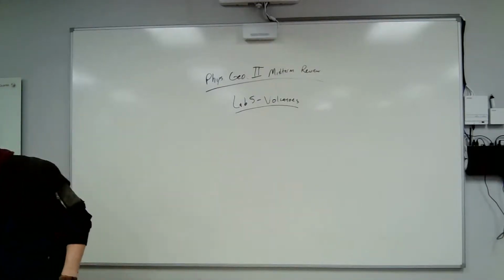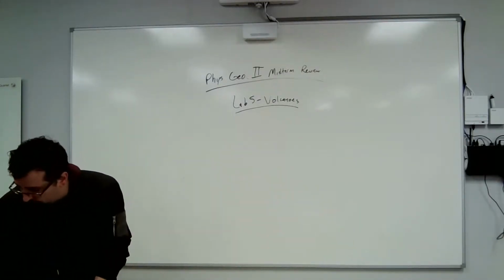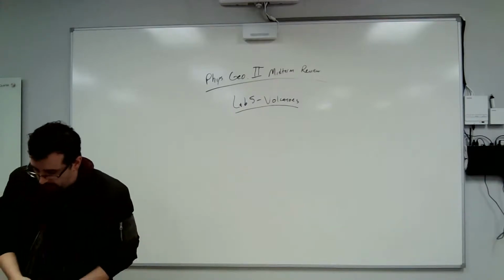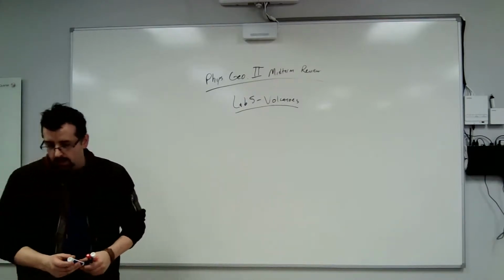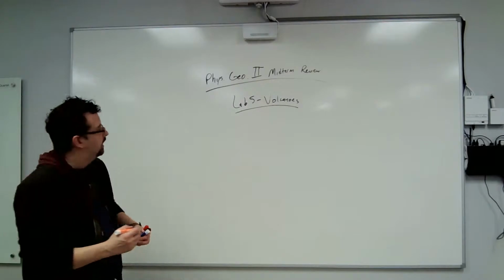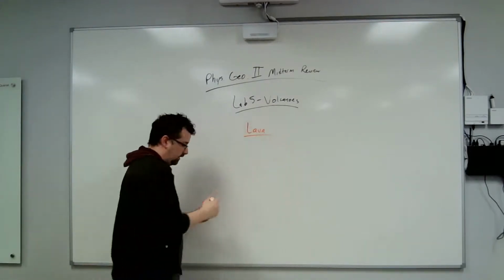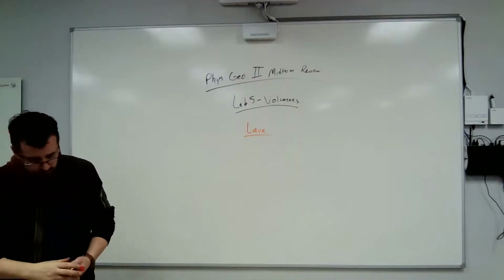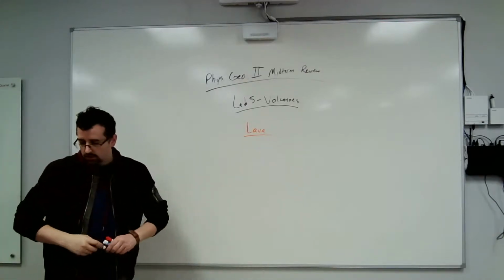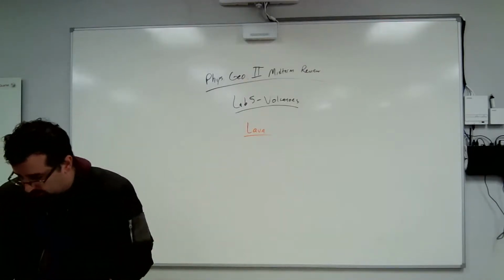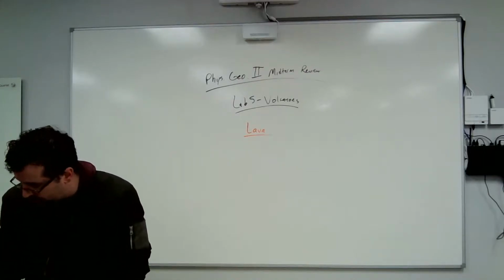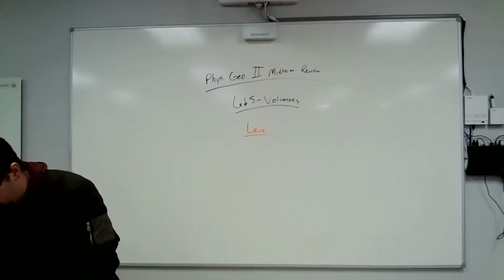So the next thing that you have to know, if you are in your lab manual on page 39, is the 3 different types of lava. Let me just pick different colors here to put these in.